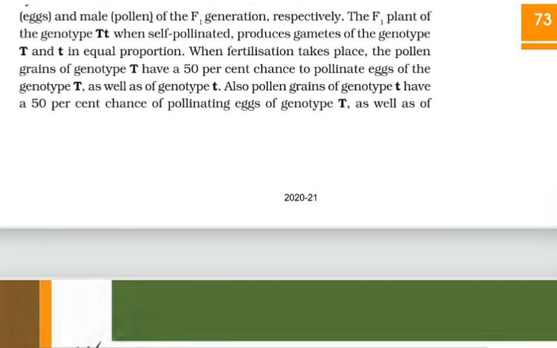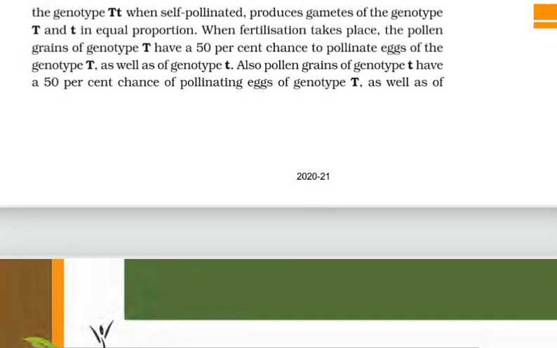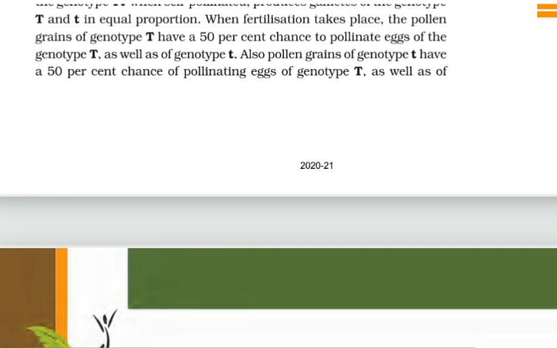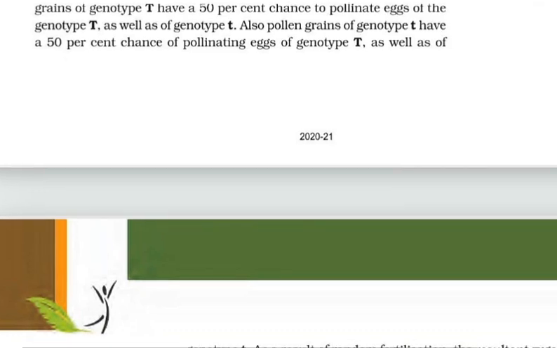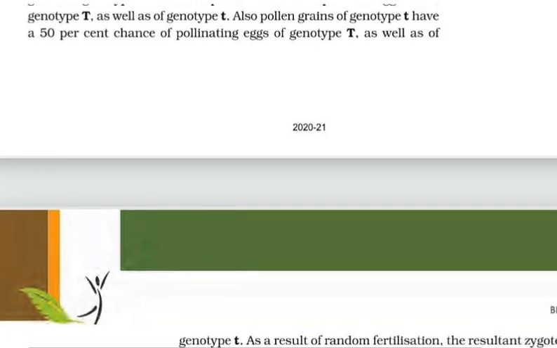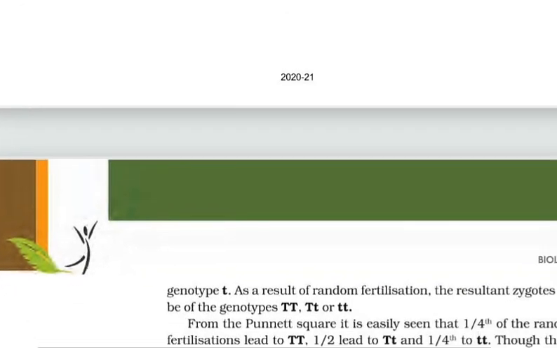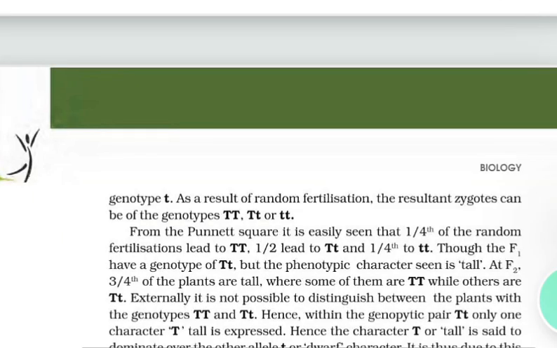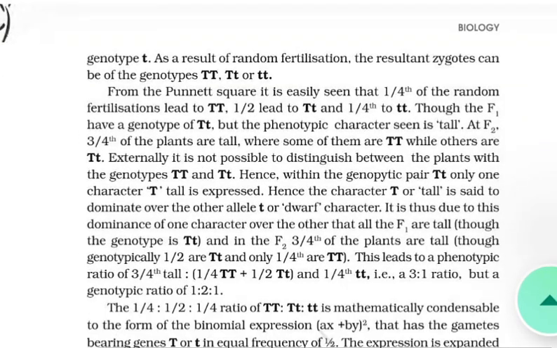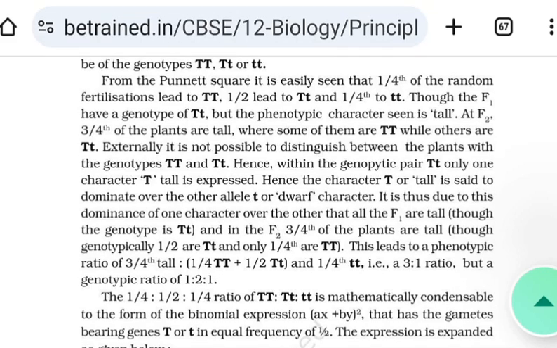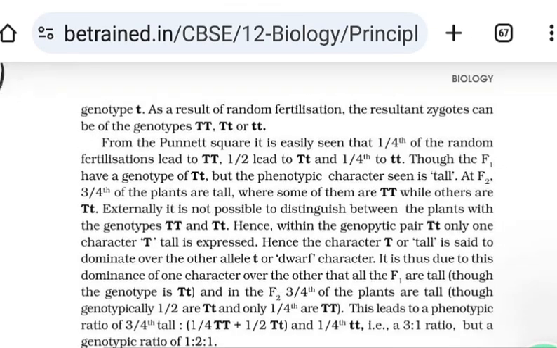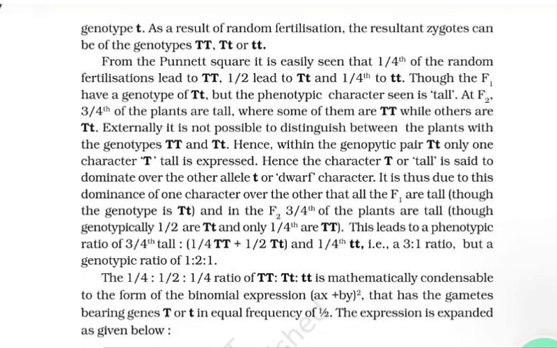This leads to the phenotypic ratio of 3/4 tall, which is 1/4 capital TT plus 1/2 capital T small t, and 1/4 small tt, that is a 3:1 ratio, but a genotypic ratio of 1:2:1.